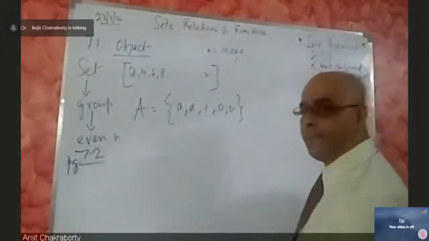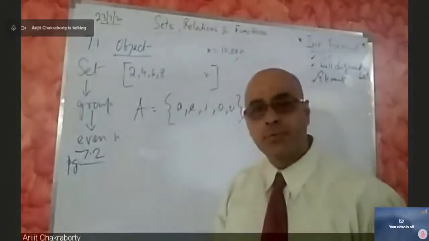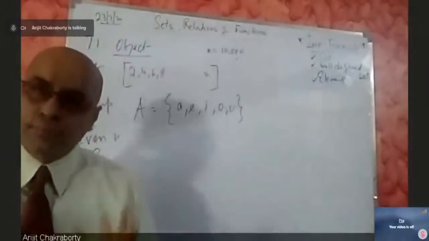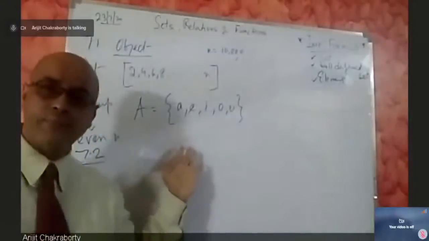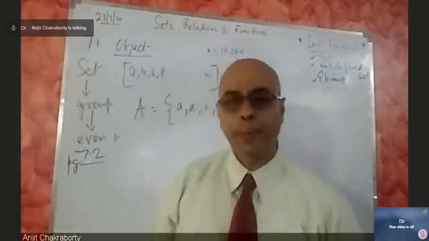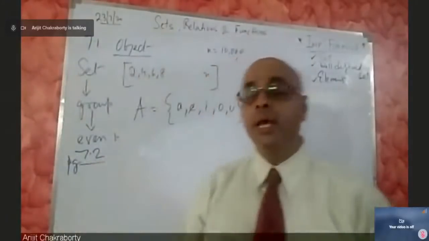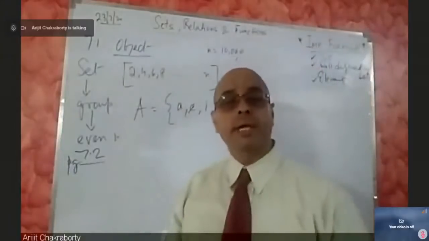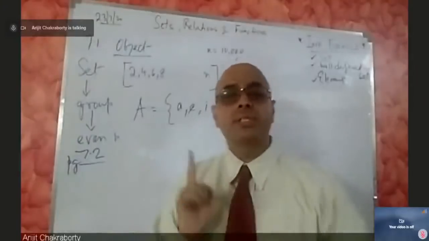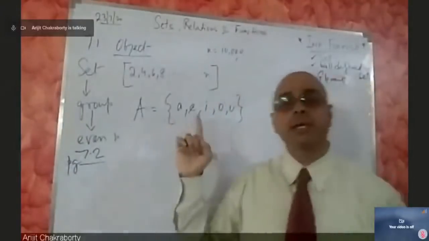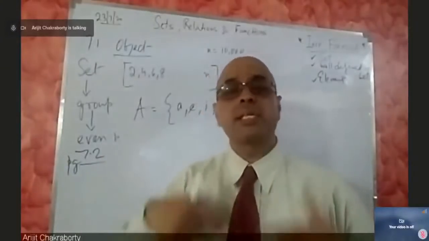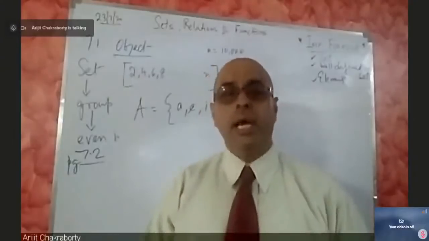So, this set A has how many objects? First of all, is it a set? Yes. It is a group of alphabets. Second question: is this well defined? Yes, it is well defined. What is the definition of the set? Set A is a group of alphabets which are called vowels, the vowels in the English language.